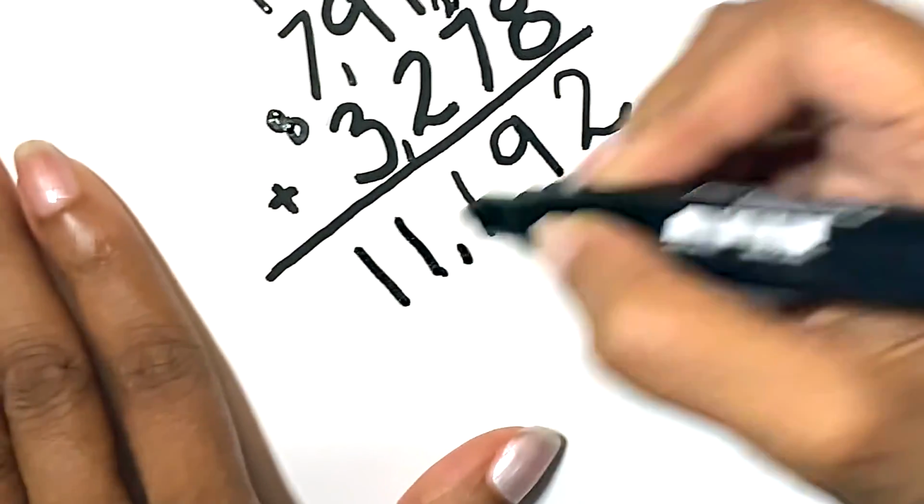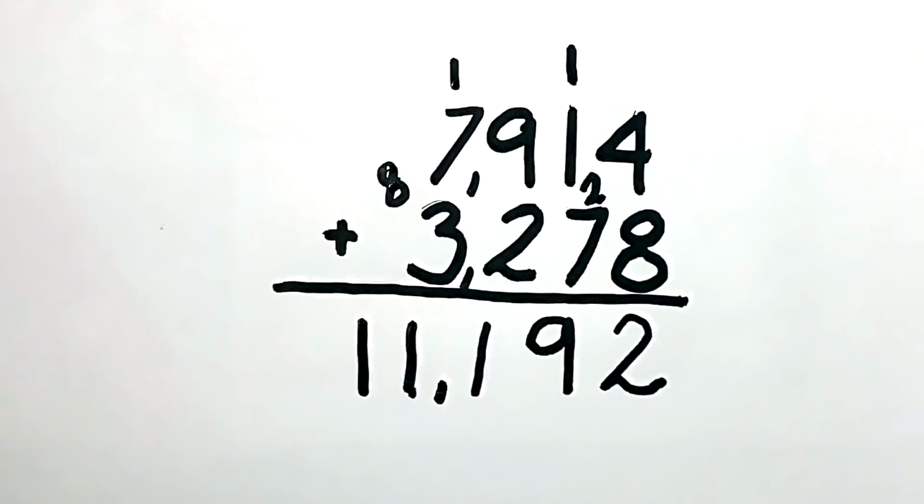So 7,914 plus 3,278 equals 11,192. And 11,192 is an even number.